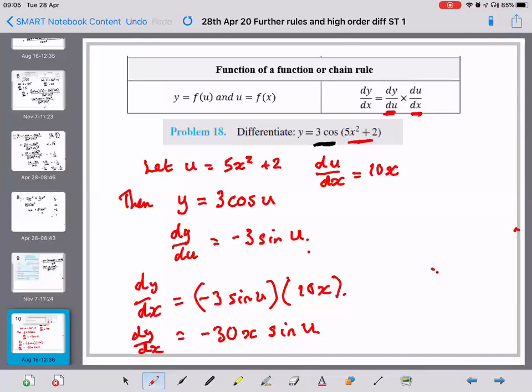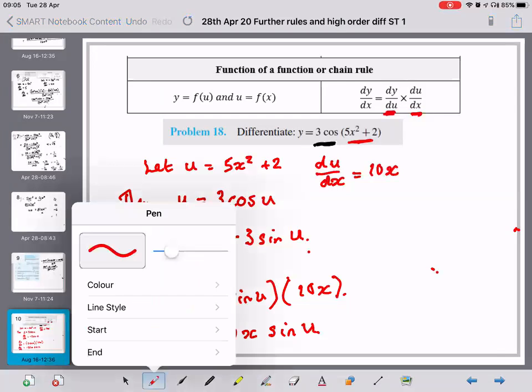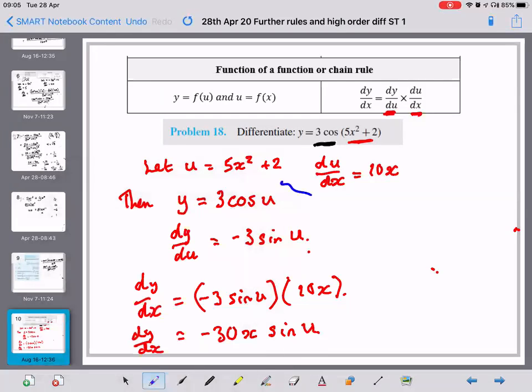And then we take what we called u up here and put it back in there. So the final answer is equal to minus 30x sine of 5x squared plus 2.